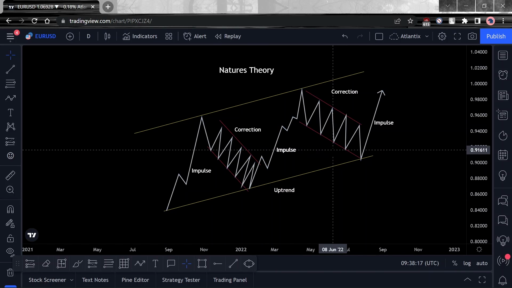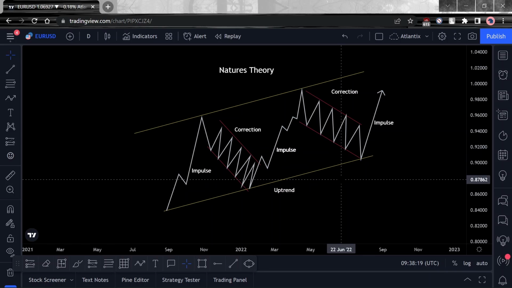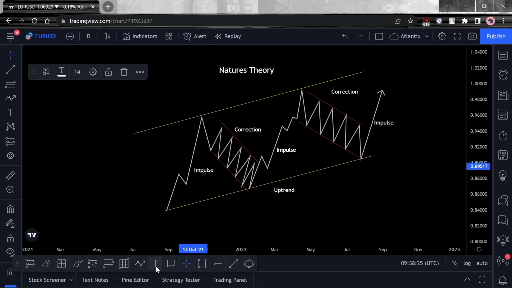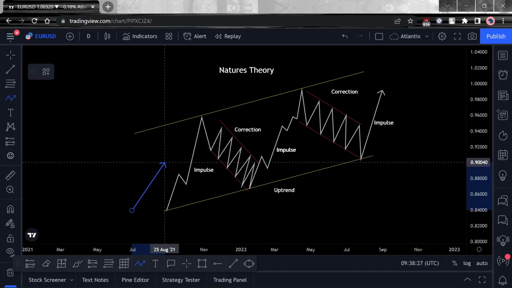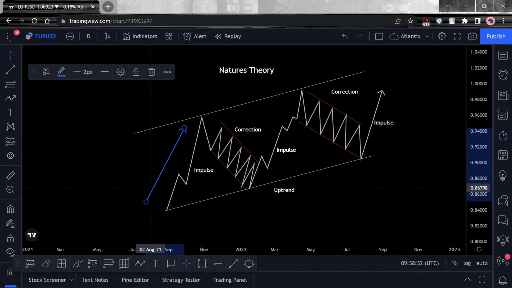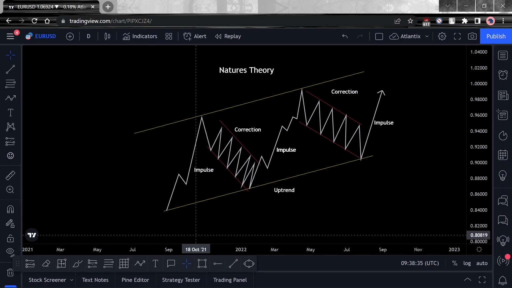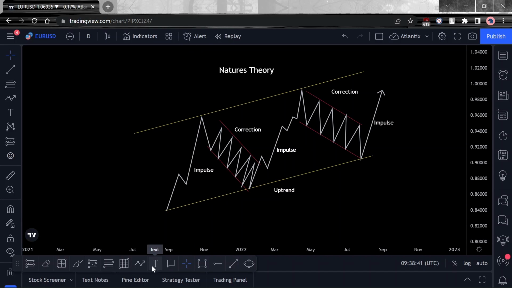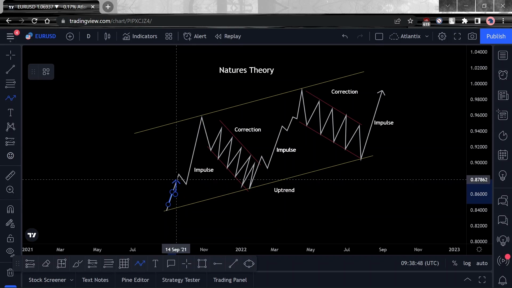To give you a definition of what a corrective and an impulsive phase are, the impulsive phase is always characterized by a strong push upwards. If we try to identify the trend in trend for this upward push over here, you're going to find that there's going to be minimum movement downwards.